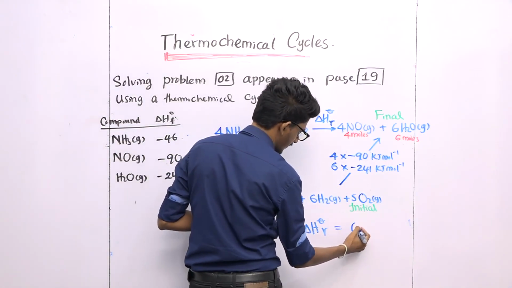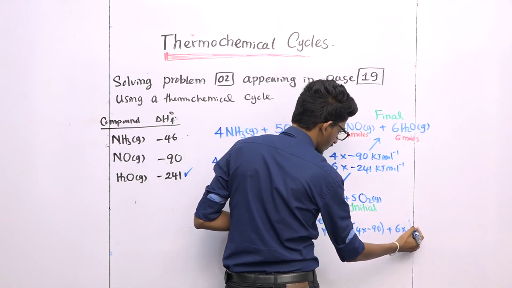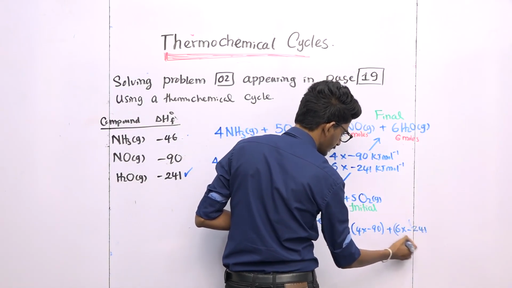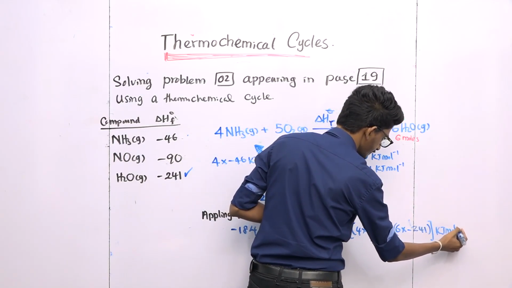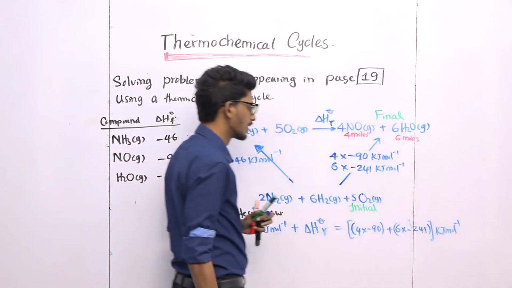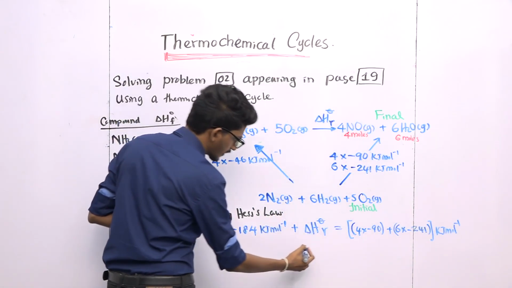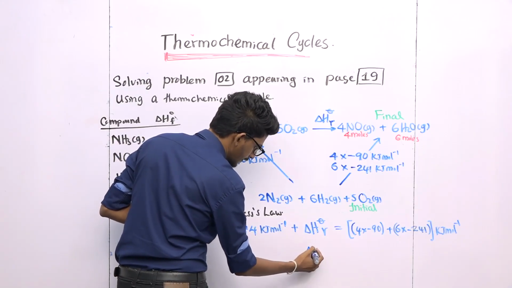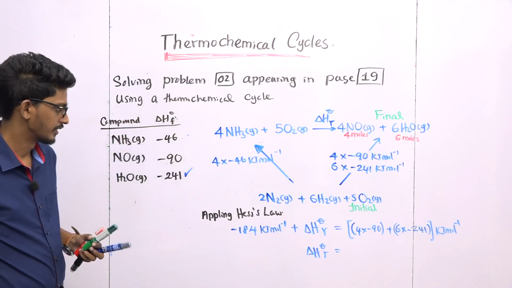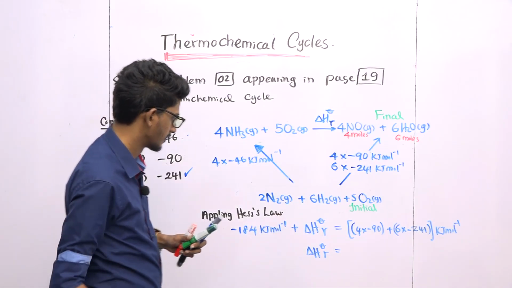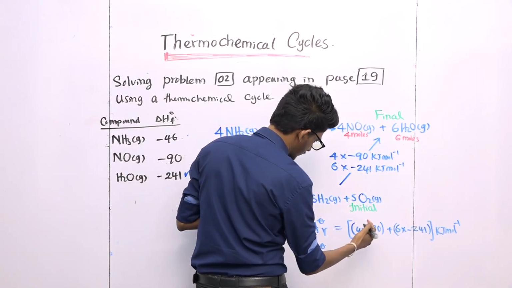So I write 4 into minus 90 plus 6 into minus 241. Okay, so that we can copy the delta H R. That is going to be equal to, I'll do the simplification. So this is just minus 360.